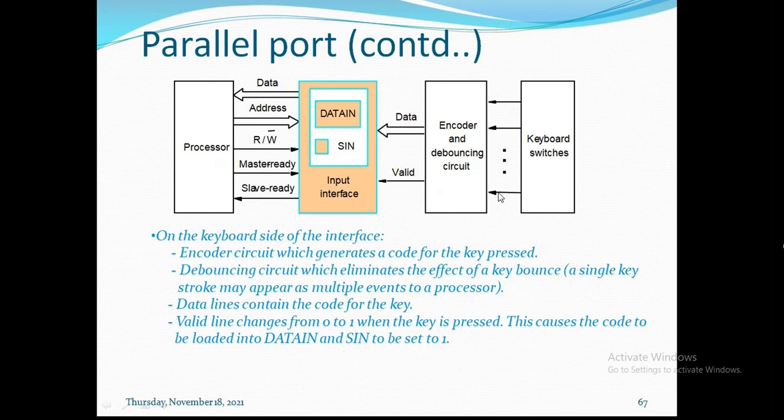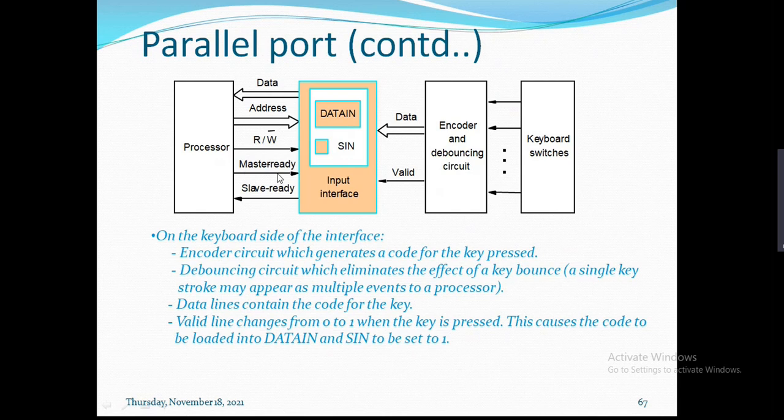Yes. So now the processor wants to read the data from the keyboard. What all information does it have to send? It has to send the address of the device to which it is making the request, and also the control signal, read or write.